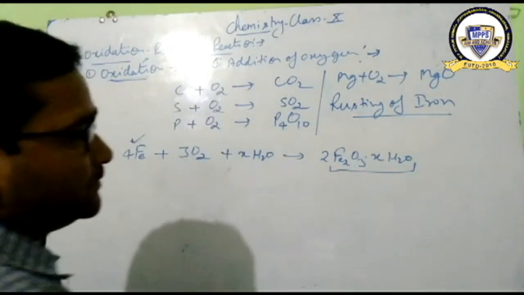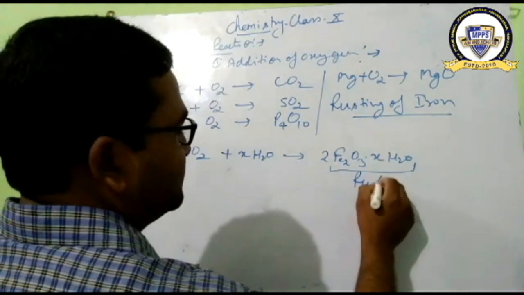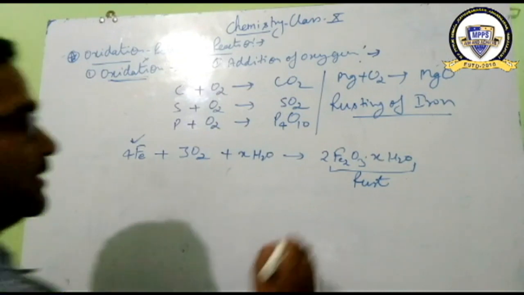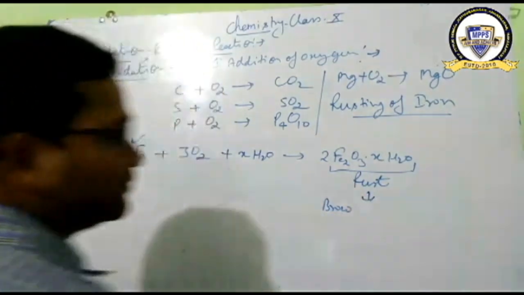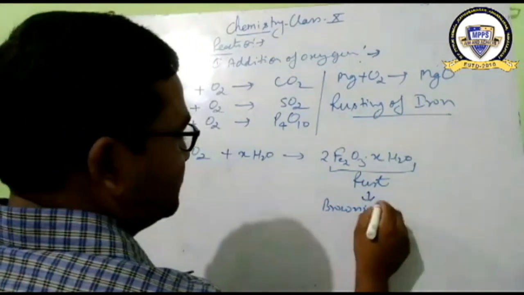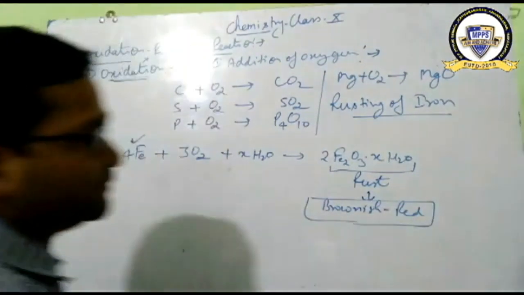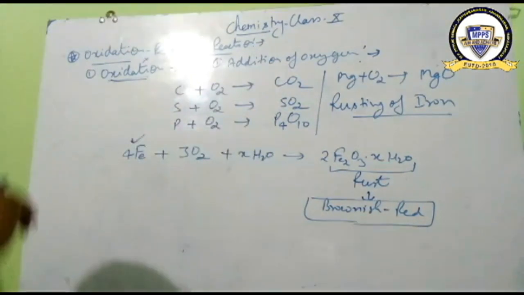This is known as hydrated ferrous oxide, the rust, and it is brownish red in color. So this is the example of addition of oxygen in the oxidation process.